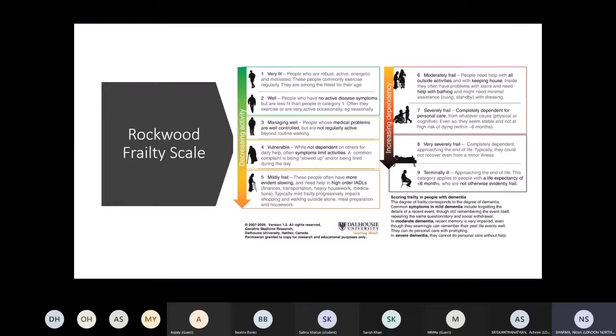So 1, 2, and 3 would be very fit patients. It's very rare to see patients with a clinical frailty score of 1 to 3 above 85 years of age.